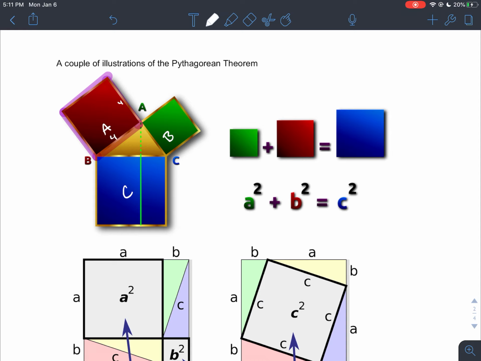If you make the square with all those sides, do the same thing on B. So say this was 3 units long, this is 3 units long. Then this square, C, would be whatever 3 squared, or C squared, the square with side length C, is equal to 3 squared plus 4 squared, or A squared plus B squared.